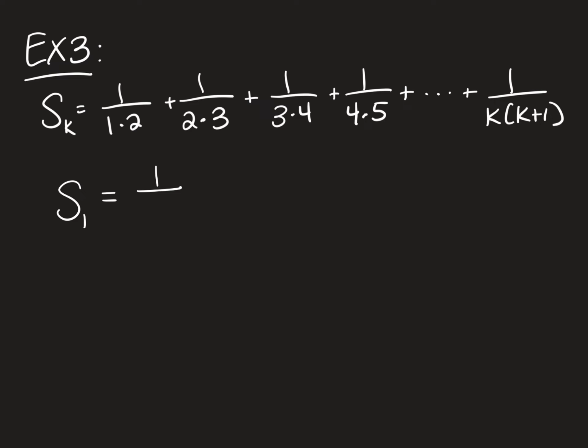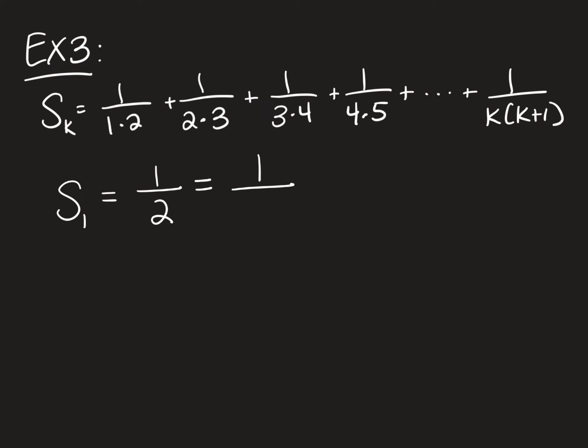Well, the sum of the first term is just going to be 1 over 1 times 2. That's 1 over 2, or 0.5. Oh, well, as a fraction, sorry. Right, as a fraction. I could write it as a decimal, but could I rewrite 2 differently? I already have it written as 1 times 2 up in the original series. Could I write 2 in another way, though? That's another way I can write 2.